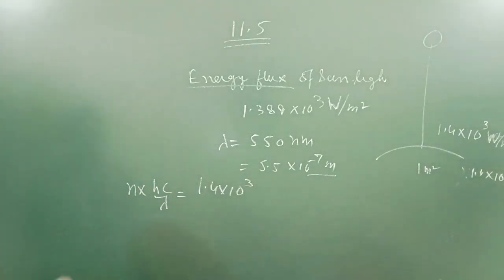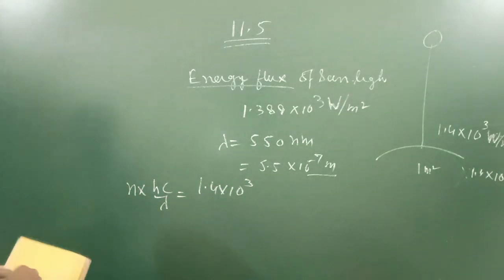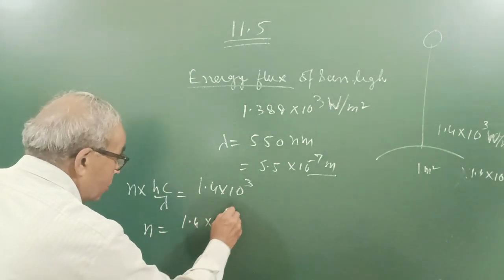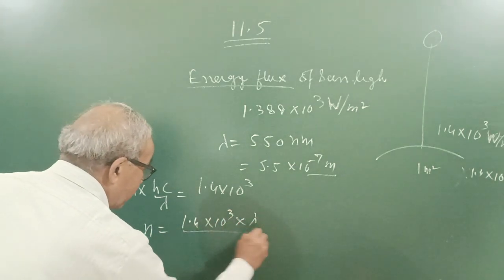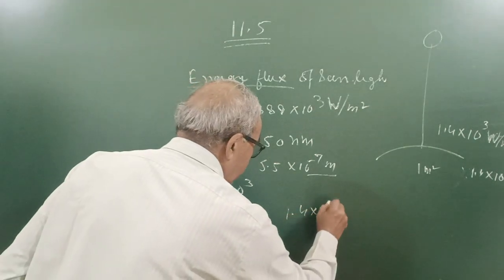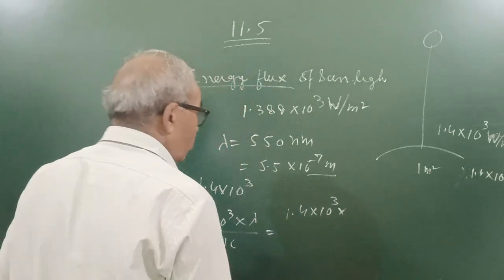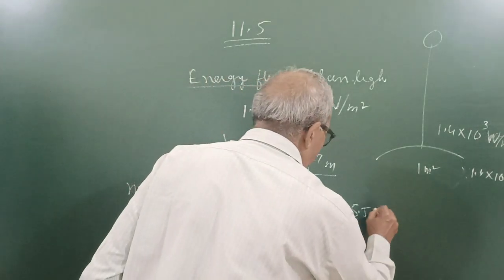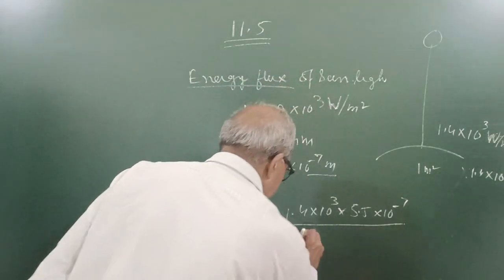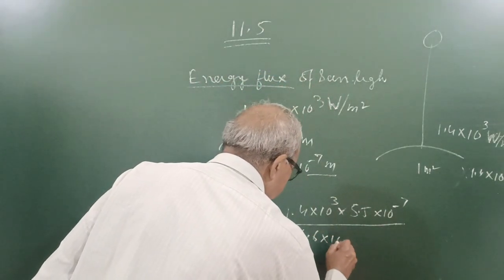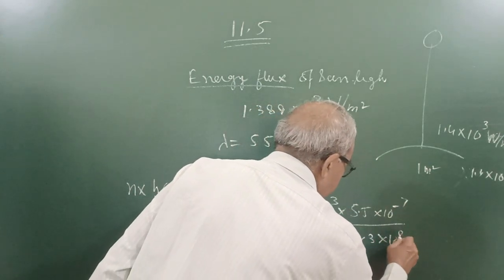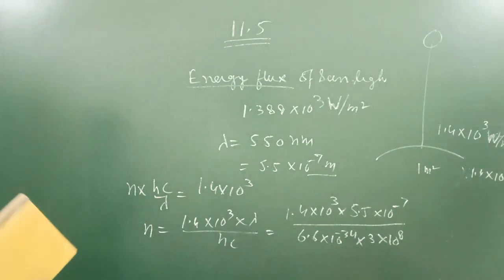Simple. So from here you will get n is equal to 1.4 into 10 to the power 3 into lambda upon hc, that is 1.4 into 10 to the power 3 into 5.5 into 10 to the power minus 7 upon 6.6 into 10 to the power minus 34 into c, 3 into 10 to the power 8. Calculate this number.